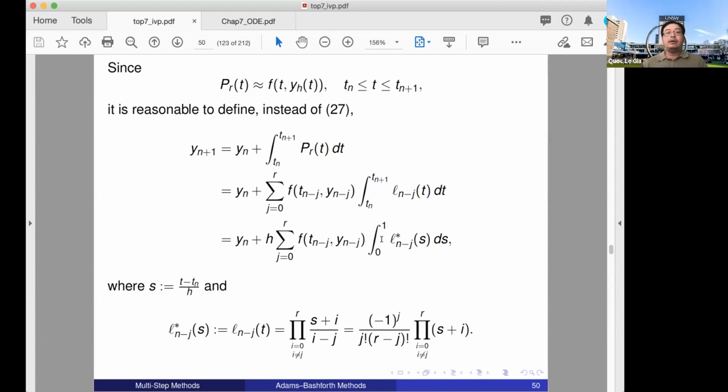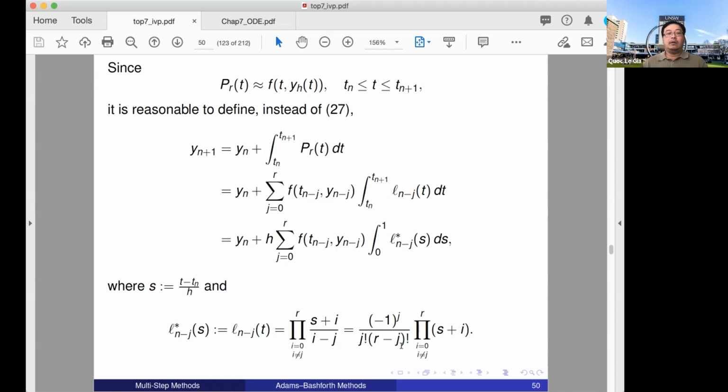Okay, and you can see that if you make a transformation, you let s be t minus Tn over h, then this integral reduces to an integral from 0 to 1. The Lagrangian Ln minus j of t becomes L star n minus j of s, and it's given by this formula. And this formula can be simplified to this formula.